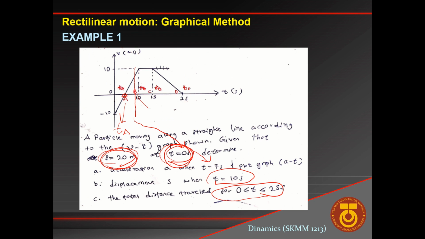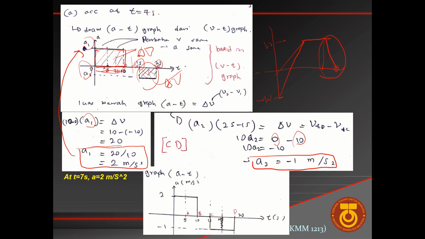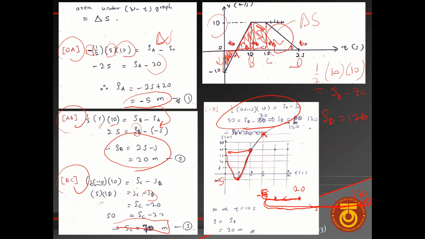Another thing is you need to calculate the area under the graph separately, meaning check part by part, like I've done here: OA, AB, BC, and CD. You can go straightforwardly because from O to A you have one component, A to B another component, another type of graph, and the other one. So you need to go one by one, and at the end you can calculate the S or V depending on the graph. Okay, so that's all for the area under graph method.